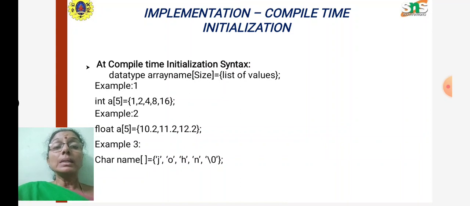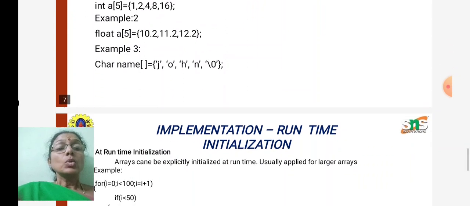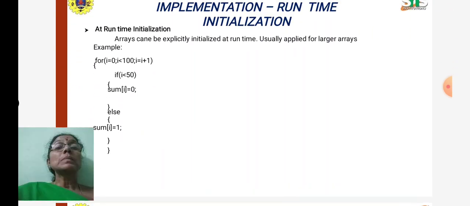The second initialization type is runtime initialization. That means you can get the value at runtime, using the scanf statement to initialize a value to an array. So this is an example of how runtime initialization is done. Using a for loop, in this example, for 100 elements we are going to initialize the values of the given array elements.